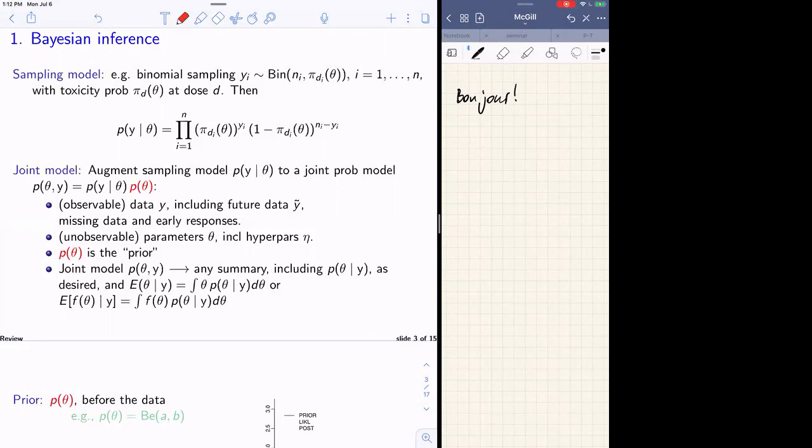So let's consider the following kind of sampling model. The story to this distribution could be we want to learn about the dose response curve and their patients. So i equal 1 to n might be indexing patients, and each patient is administered a dose.